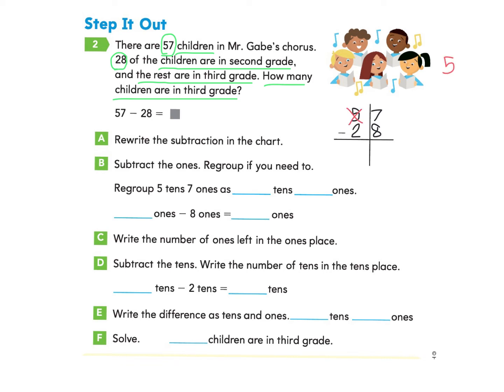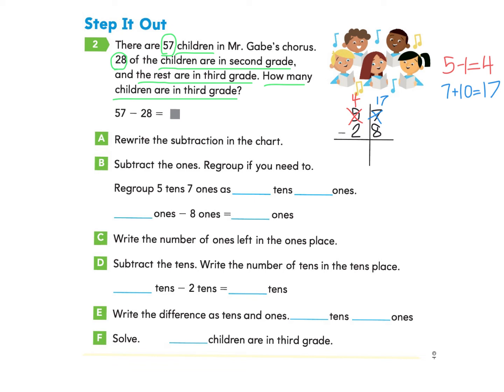We're going to say 5 take away 1 group, which would give us 4, and we'll make this new number here 4. And then we take that group of tens and we add it to this 7. So we're going to say 7 plus 10, and 7 plus 10 is 17. So we don't have 7 anymore, we have 17.